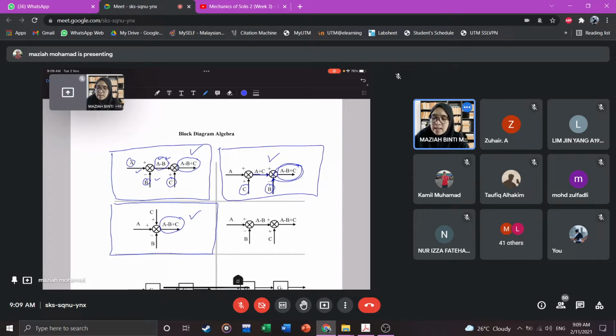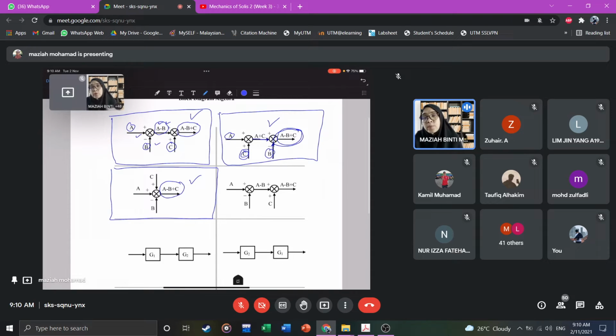So we said A plus C for this one, and here is minus B. Now we solve for A plus C, two arrows. So these three diagrams are the same. They will provide the same output. All right, that is the concept in block diagram there.